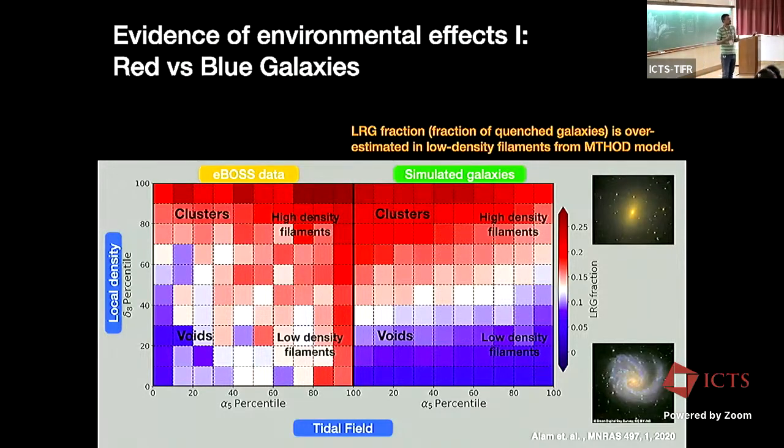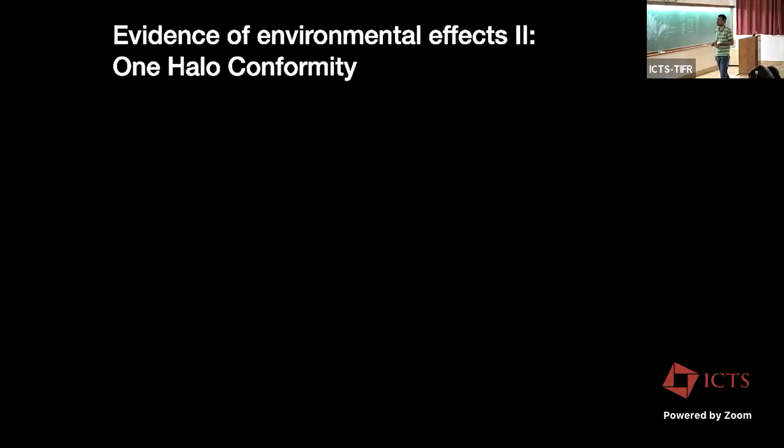I'm saying that galaxies trace dark matter. So this is an example where we can see that tidal environment is affecting galaxies. There are several such examples, and now we want to think about whether this will affect cosmology or not, or whether it can tell you something about galaxy formation.